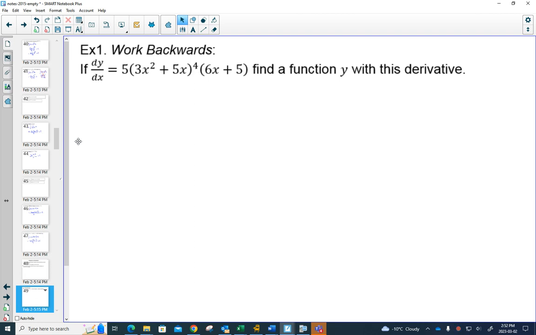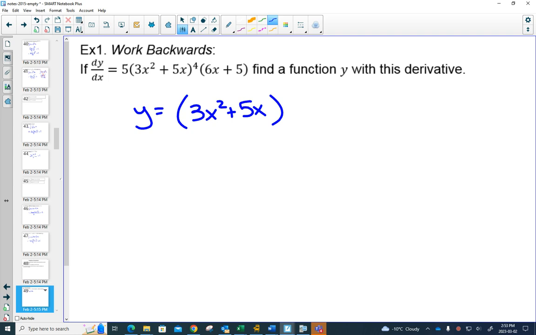The outside function, the 5 came out in front, subtracted 1 from the exponent, kept the inside the same, multiplied by the derivative of the inside function, and we get that y equals 3x squared plus 5x to the 5. And of course, there could have been a plus c. This worked out perfectly fine because of how it was written.